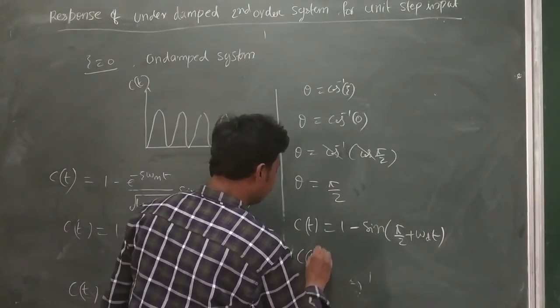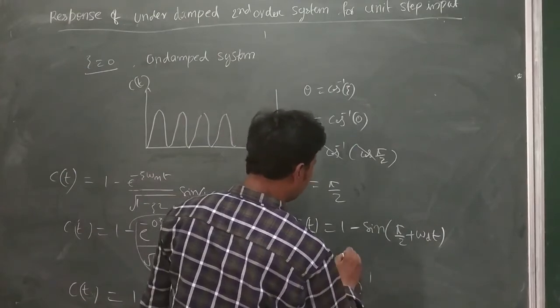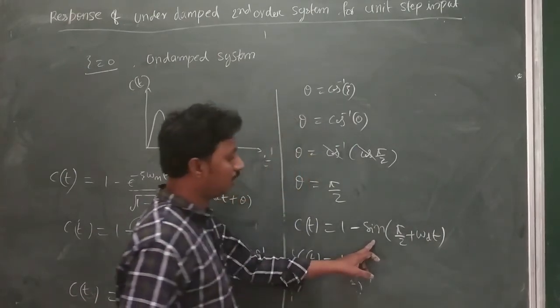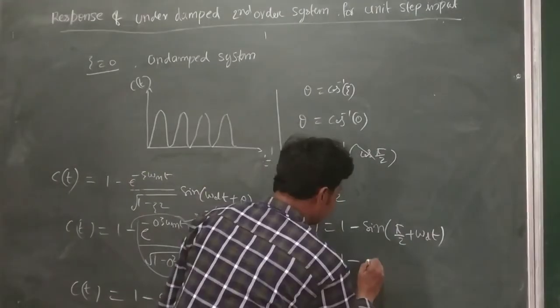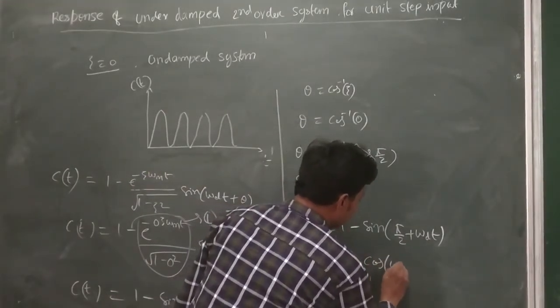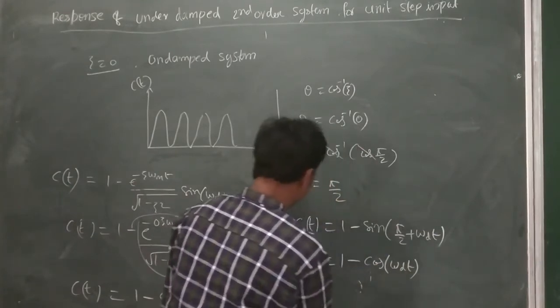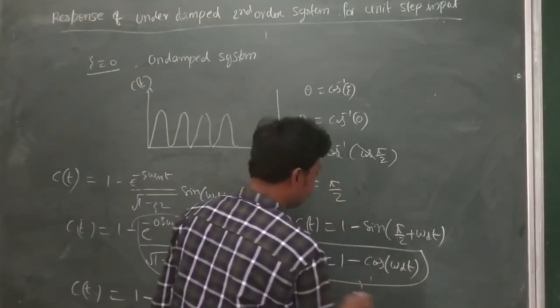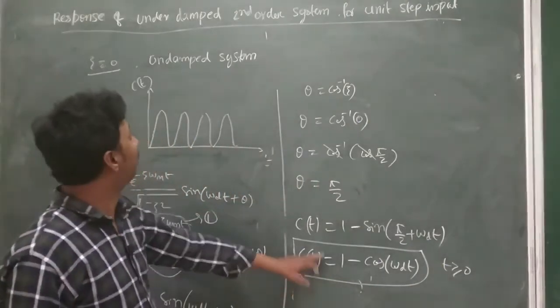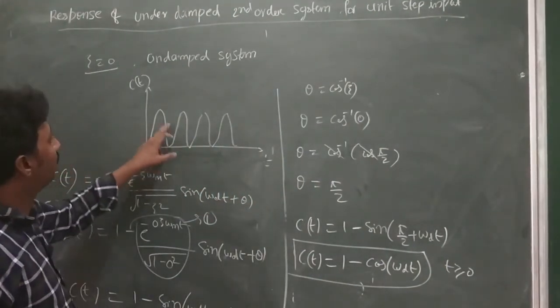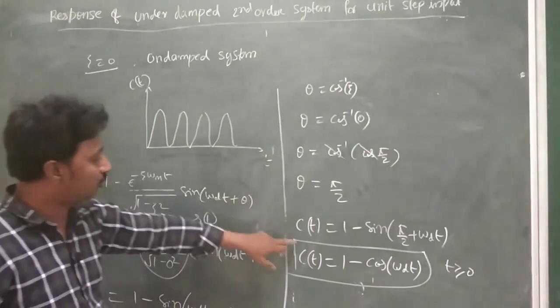So you will get cos. So sin of 90 plus theta is equal to cos omega d t. So this is the expression here, for t greater than or equal to 0. This is the expression for the undamped system.